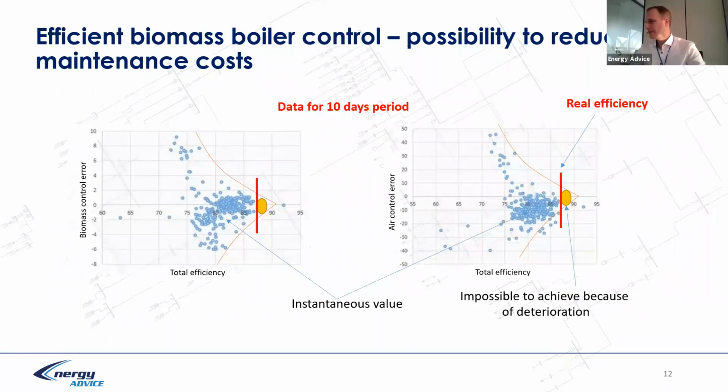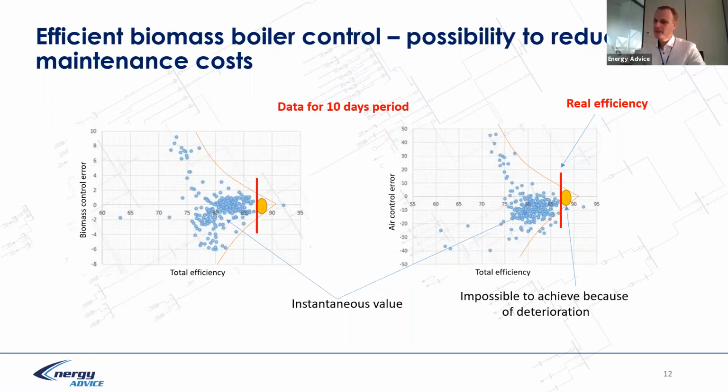Another example, a 10-day period, where we can check the total efficiency of a biomass boiler and the control error. What does control error mean? We provide an optimum set point and we compare this optimum set point with the real set point that was delivered by the automation system, by the control system.